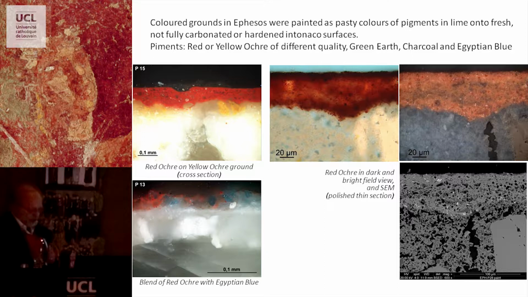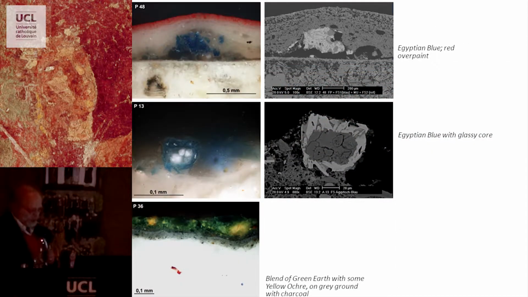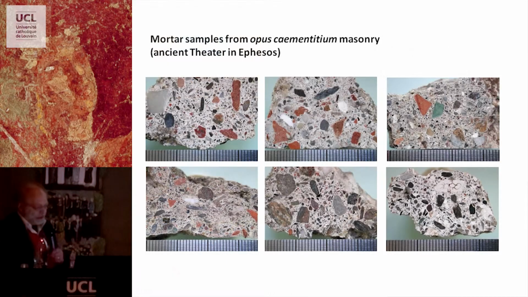A few views of the paint layers, I have no time to go through, Egyptian blue and so on. So we also took care, as far as we could with microscopy and scanning electron microscopy, to characterize the pigments. These I found interesting because such Egyptian blue, in fact, tells its story by its composition, what the primary materials were.